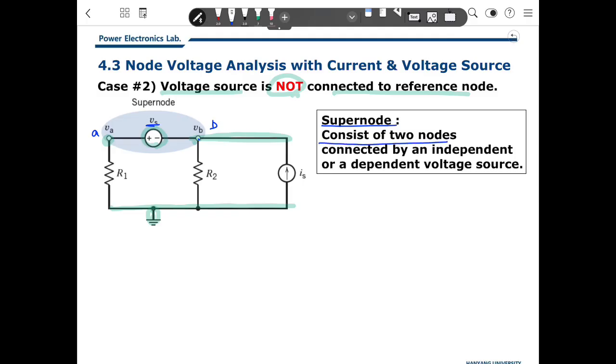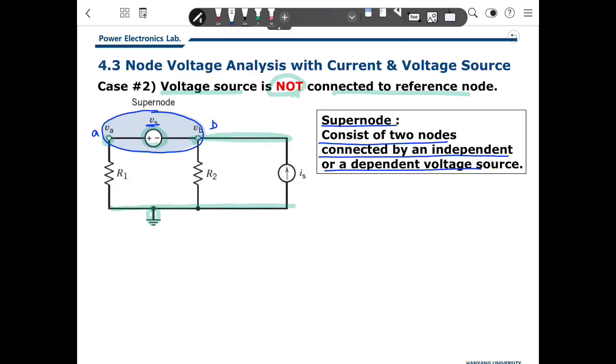The supernode means it consists of two nodes connected by an independent or dependent voltage source. So instead of two nodes, we make one supernode.